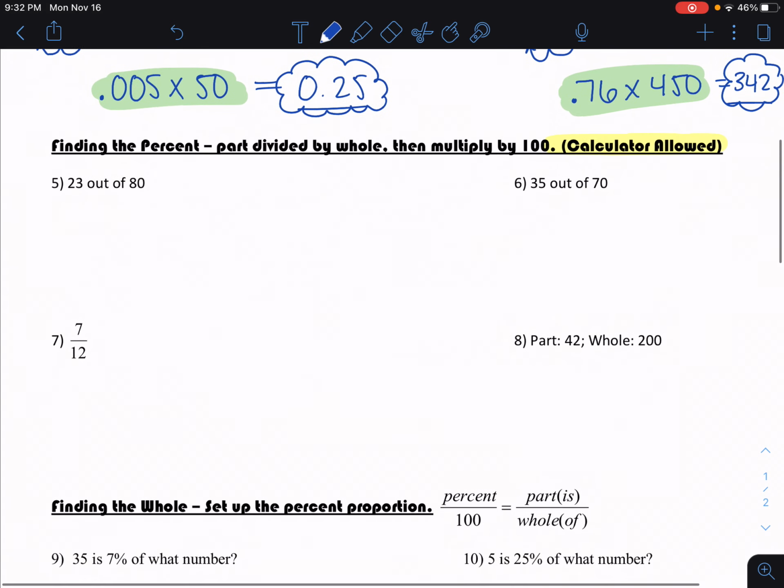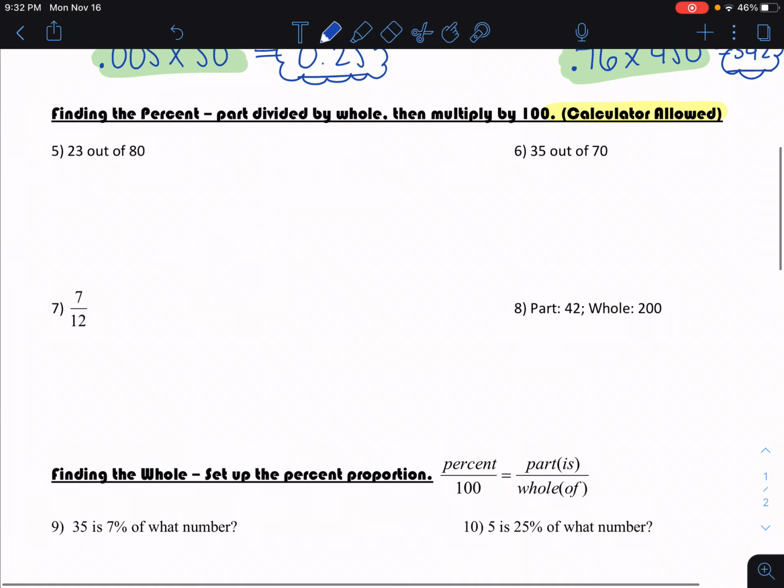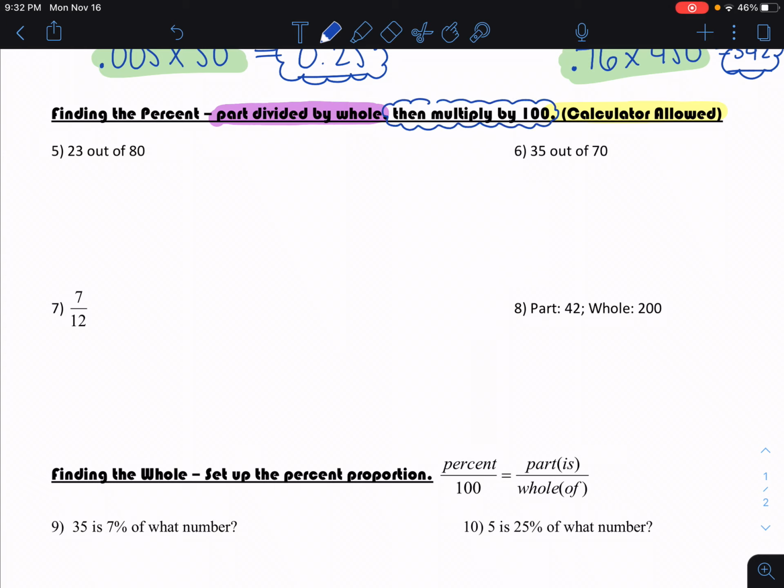In our next example, we're going to be finding the percent. Okay? To find the percent, we are going to do part divided by whole. And then you're going to multiply by 100. Remember that multiplying by 100 means to move the decimal to the right 2 places.